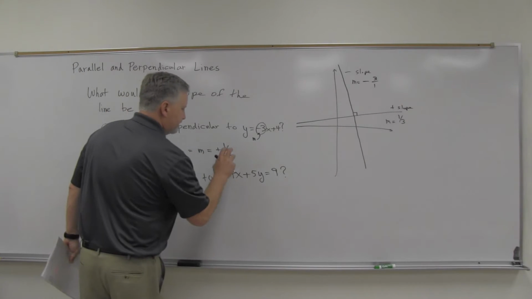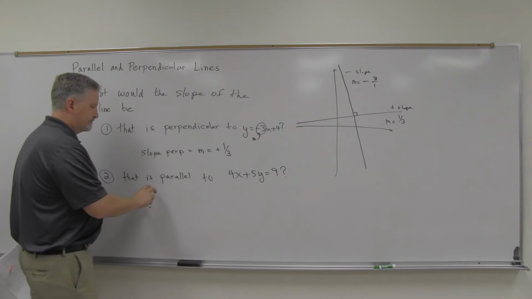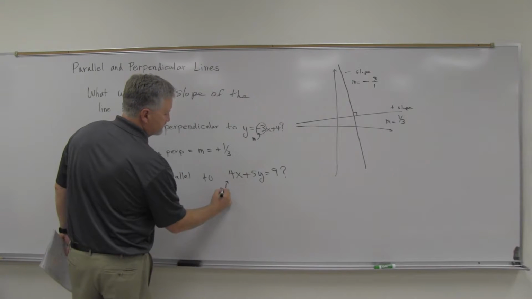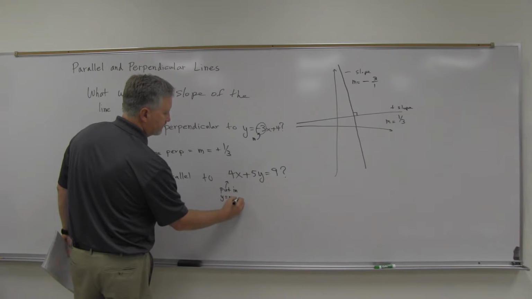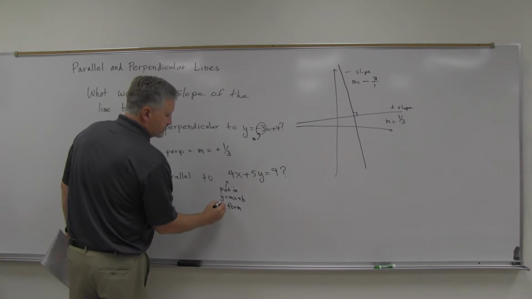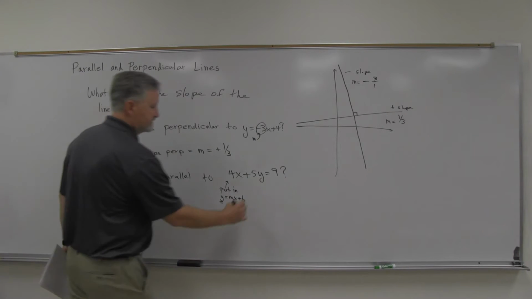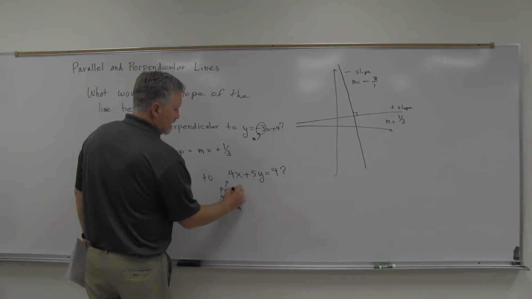Okay? So to figure out the slope of this one, and thus the parallel one too, we've got to put this one in y equals mx plus b form. Which just means we've got to solve for the y by itself, put the y on the side by itself. So how do we do that?